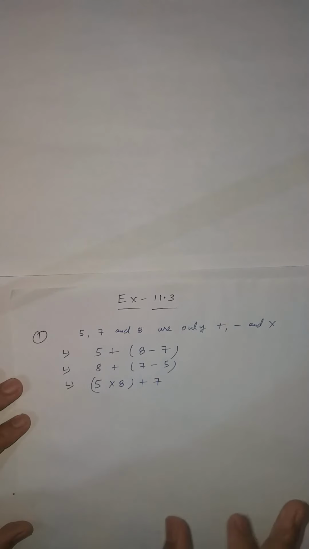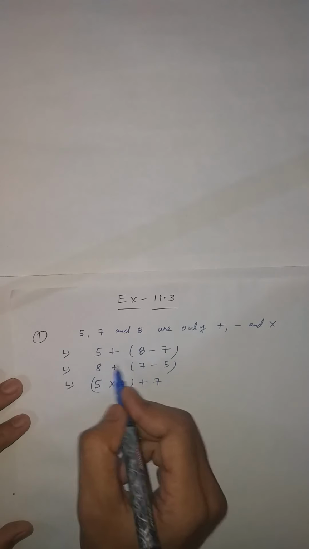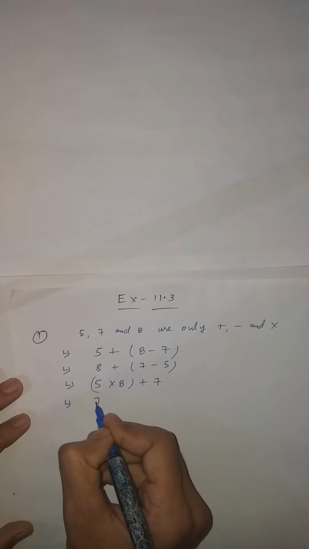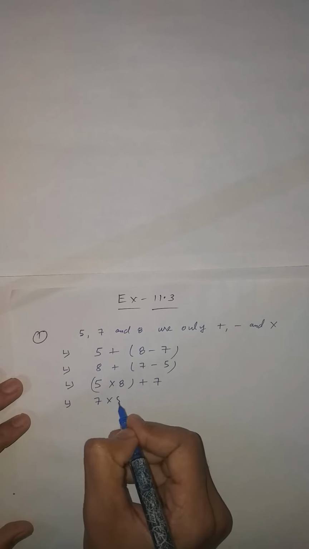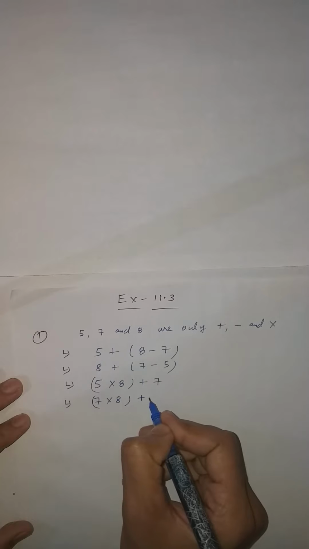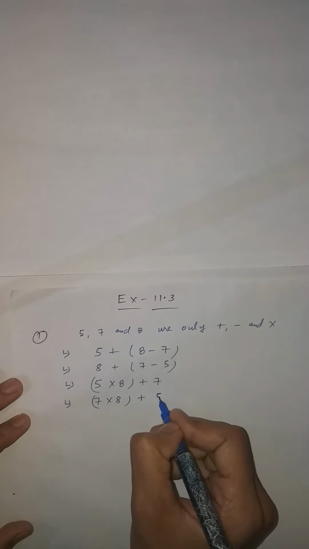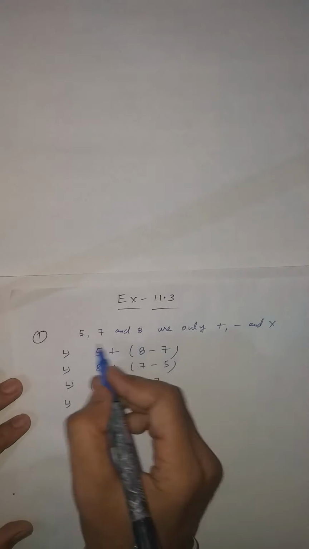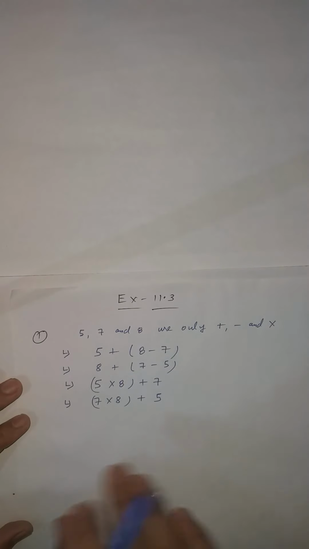Means you can use anything, but you have to use each digit only one time. Another, 7 multiplied by 8 plus 5. Clear, student? So means you have to use these 3 digits. You can form many expressions. Clear?